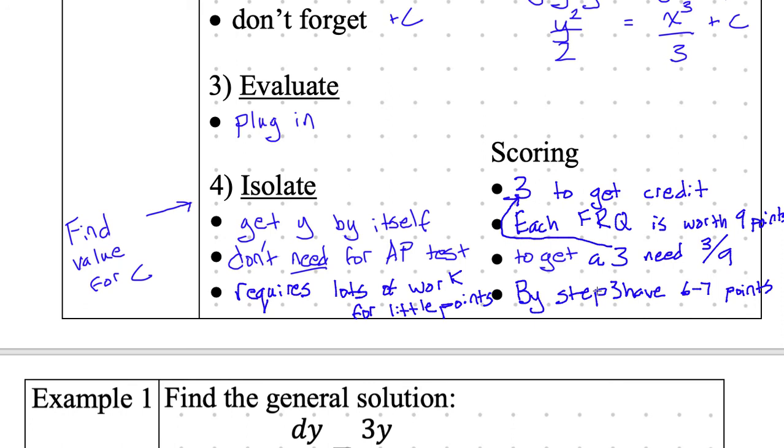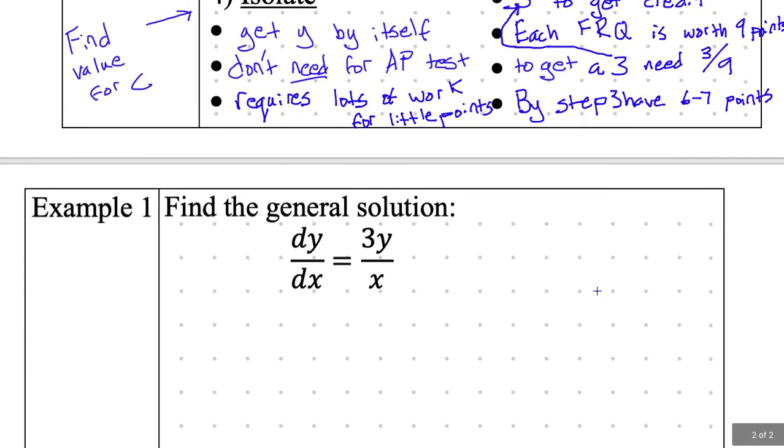If you want to do step 4, you can do that though. What if they know you're doing the right steps, you just made a mathematical mistake? How do they score that? I will show you. It's kind of a giant topic. I can't talk about it too much today because I need to keep going through the general solution, and I have 2 more minutes left of class because I've gone off task so much. No, these are important. Yeah, we were talking about AP tests.